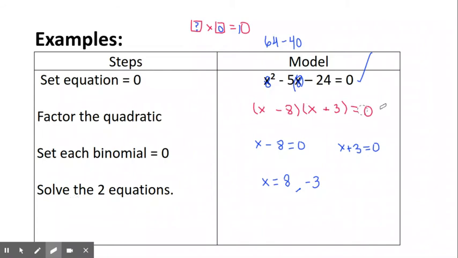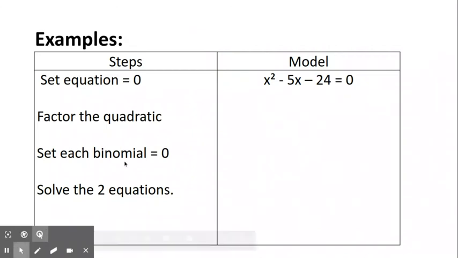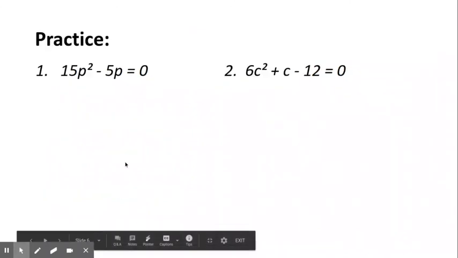But it's this line here that could switch up. But what they're all going to have in common is using this fact of two things multiplied together equal 0. That means we set them each equal to 0 and then finish solving. So I'm going to erase this and move us on to two more practice problems.